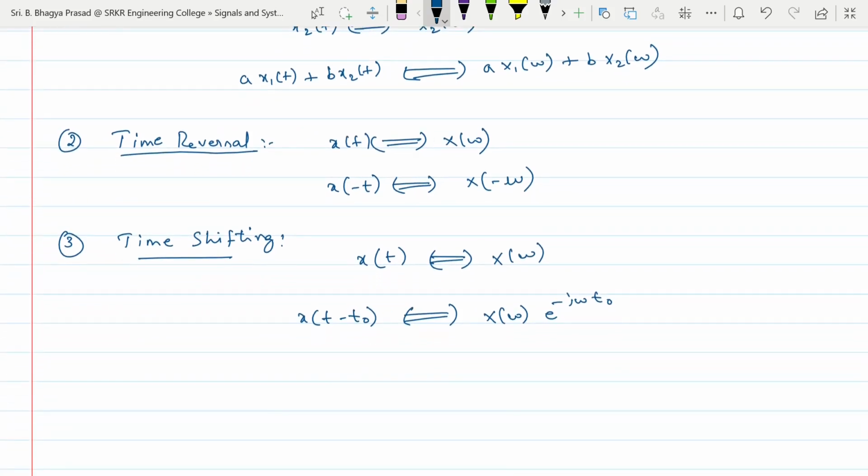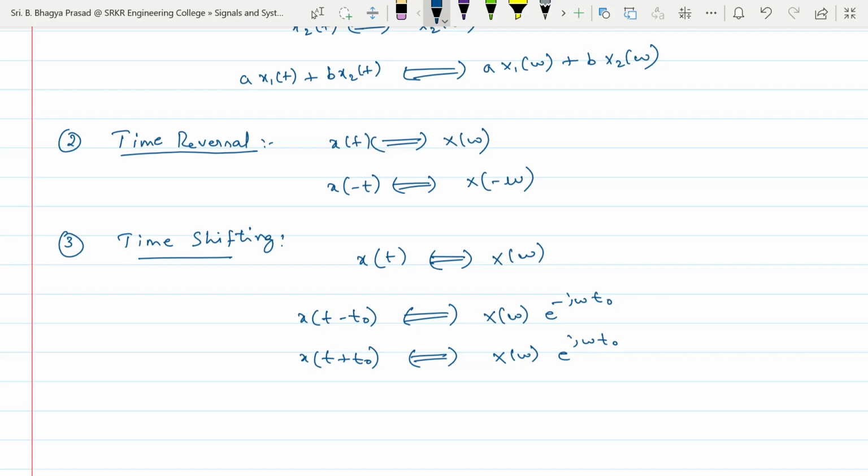You know X of omega, and that X of omega is multiplied with e power minus j omega t naught. And for x of t plus t naught, it is X of omega and e power j omega t naught.